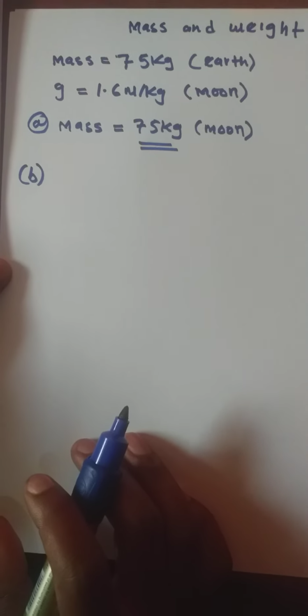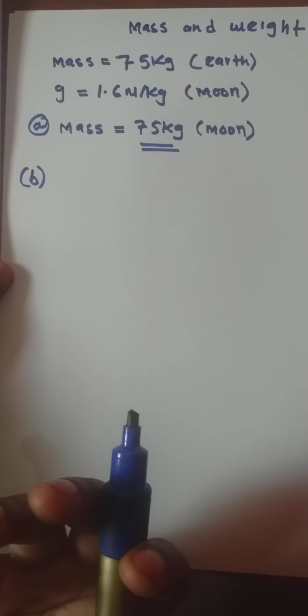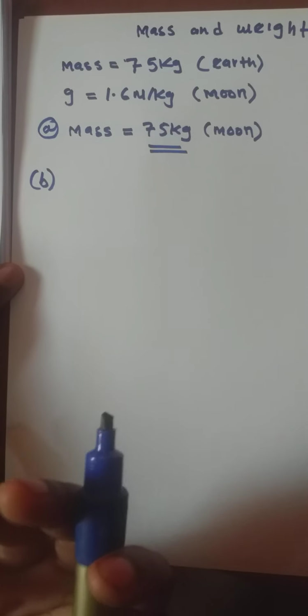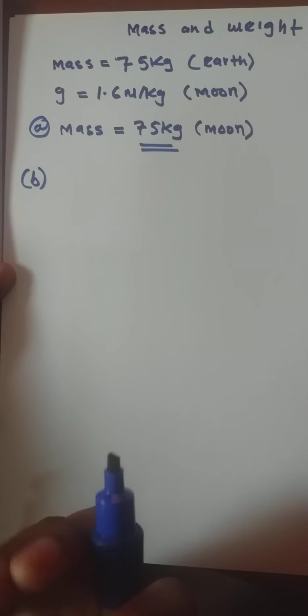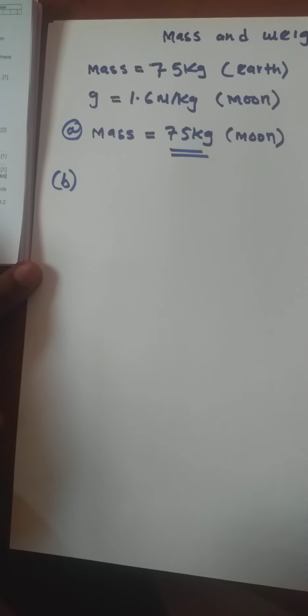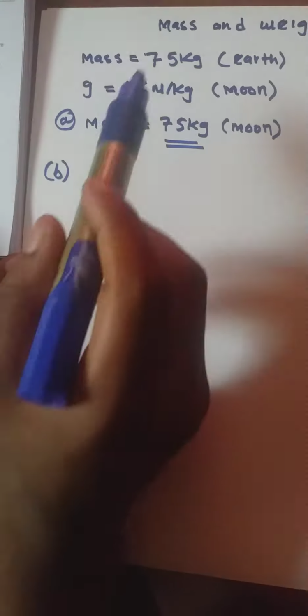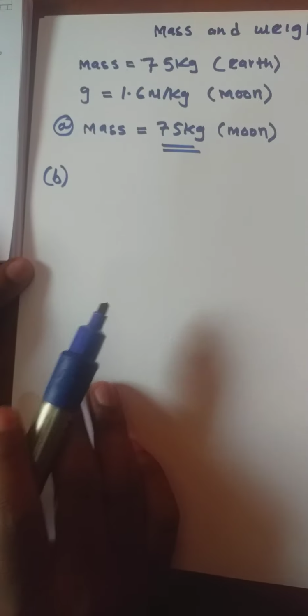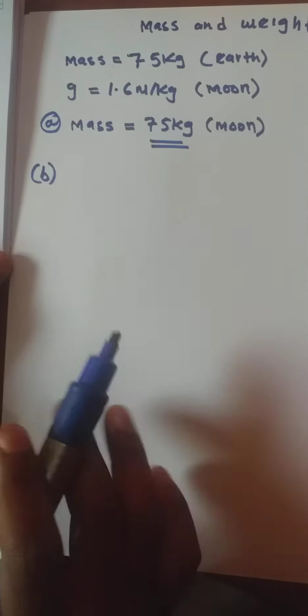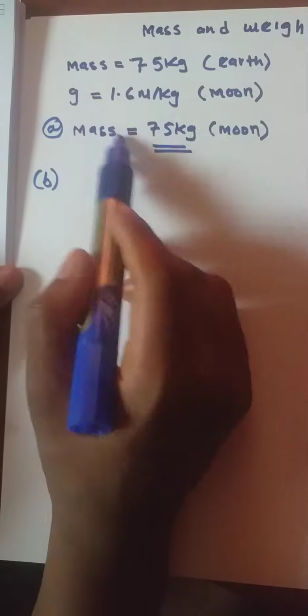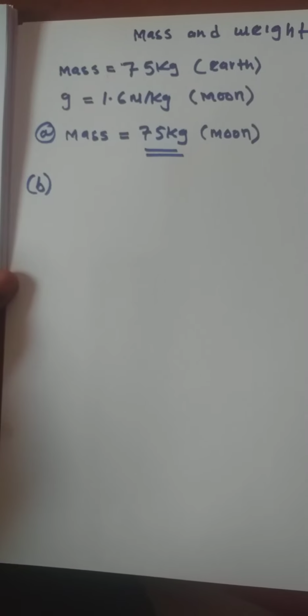So a stone of mass 5 kg on Earth, even if you take it to the moon, will still have the same number of particles, which is 5 kg. So in short, the mass of an object does not change. That's why even if the object has a mass of 75 kg on Earth, on the moon the mass will still be 75 kg. So this is the solution for part A.